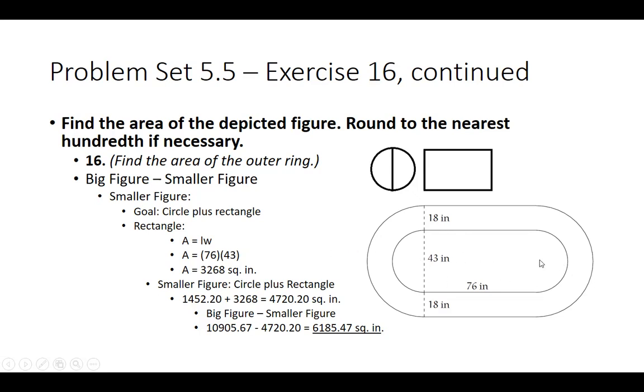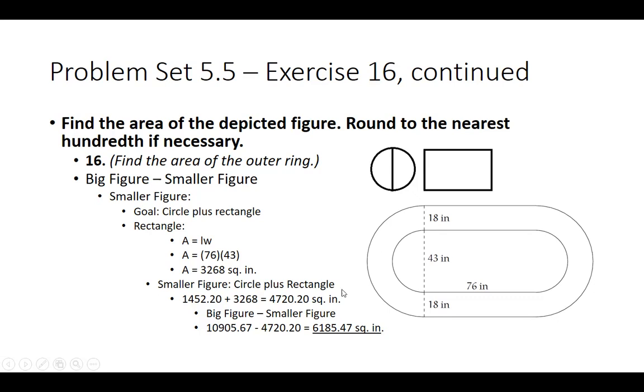So for the smaller figure, the small circle plus the small rectangle is 1,452.20 plus 3,268. The small figure has an area of 4,720.20 square inches.